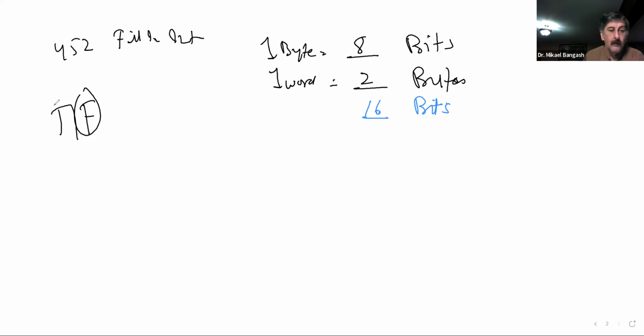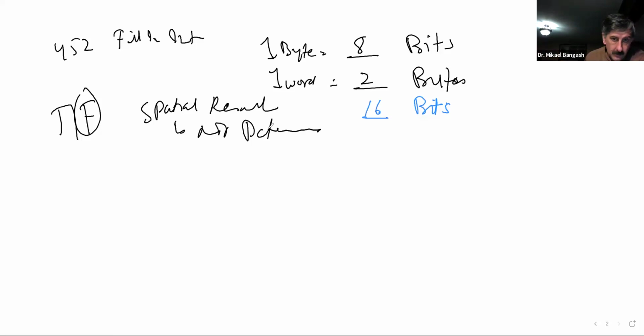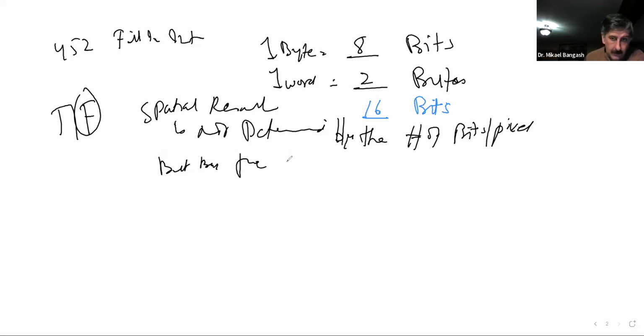Why? Because your spatial resolution is not determined by the number of bits per pixel, but by the pixel density, to be more specific.